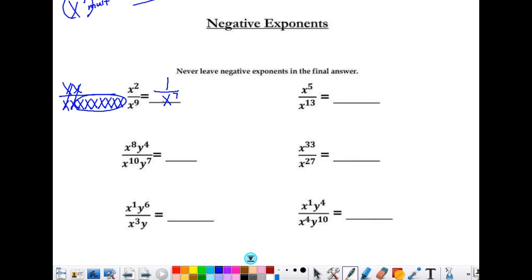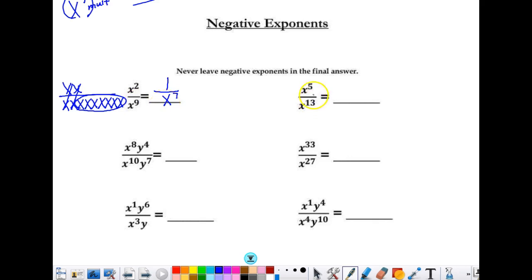So when you say your subtraction problem in your head, don't do 2 minus 9 because you'll get a negative number. Do 9 minus 2 and then put your answer where you started saying your problem. You said 9 minus 2, so you said 9 first. So put your answer there.